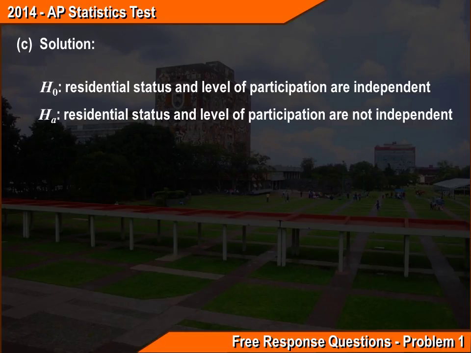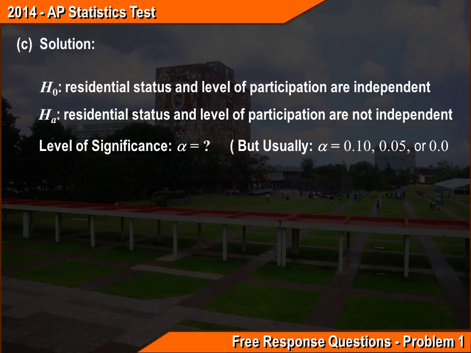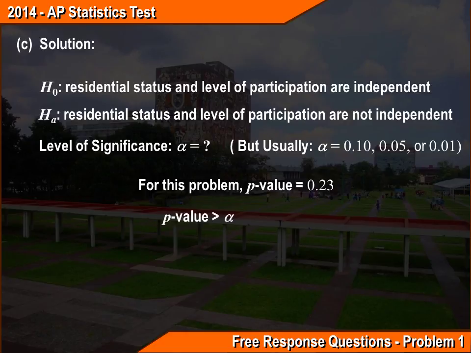For this problem, we are not given a level of significance, but usually the level of significance alpha ranges from 0.1 to 0.01. The p-value obtained from the chi-square test was 0.23, and this value is greater than any of the usual values, 0.1 to 0.01. So, there is not enough evidence from this test to reject the null hypothesis.